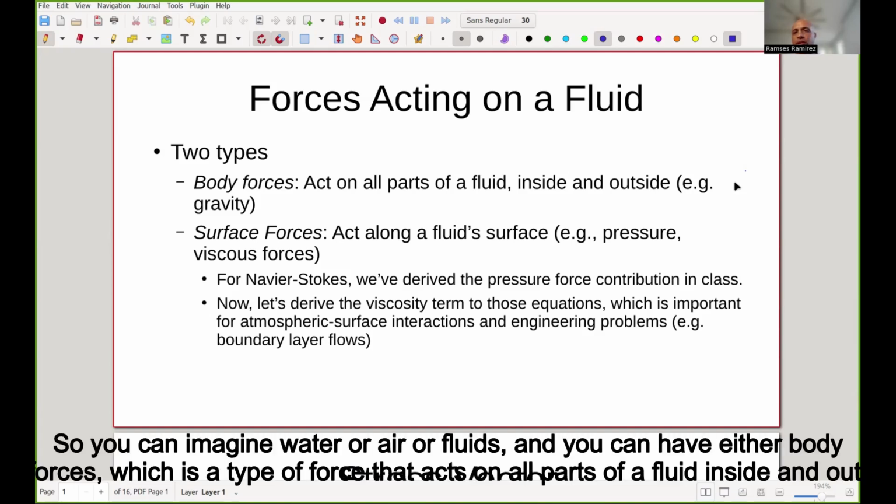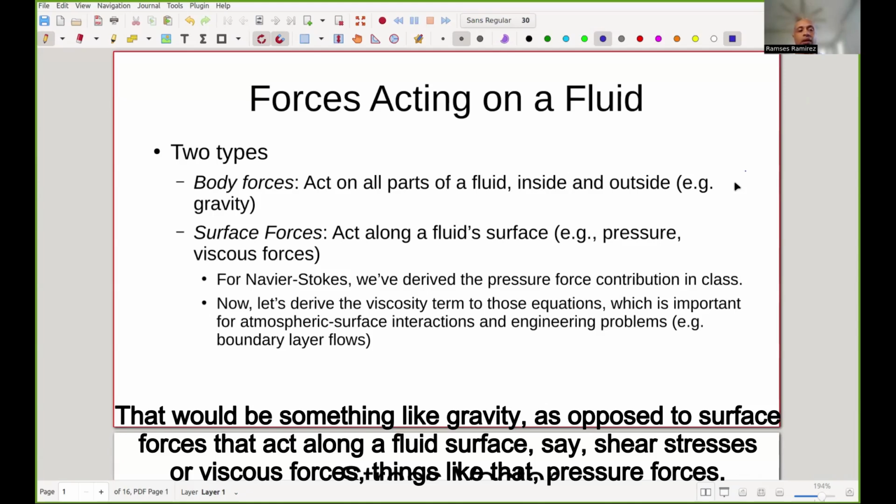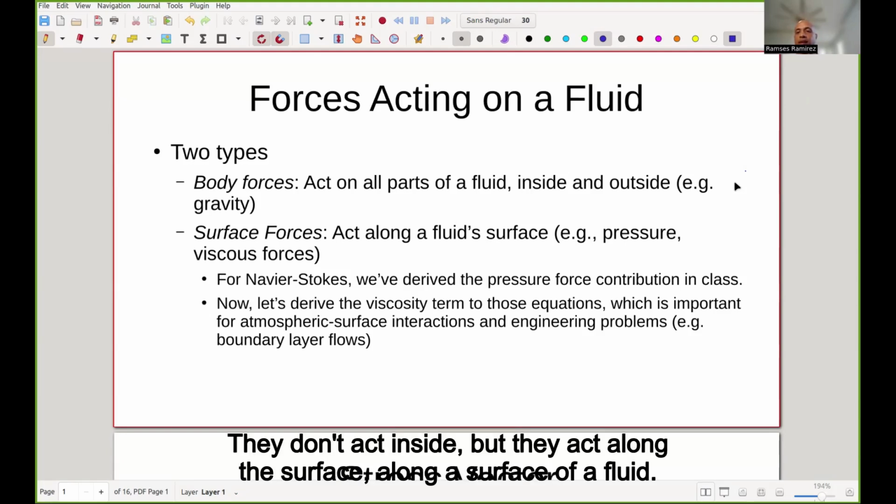You can imagine water or air, and you can have either body forces, which act on all parts of a fluid inside and out, like gravity, as opposed to surface forces that act along a fluid surface, say shear stresses or viscous forces, things like pressure forces. They don't act inside, but they act along the surface of a fluid.